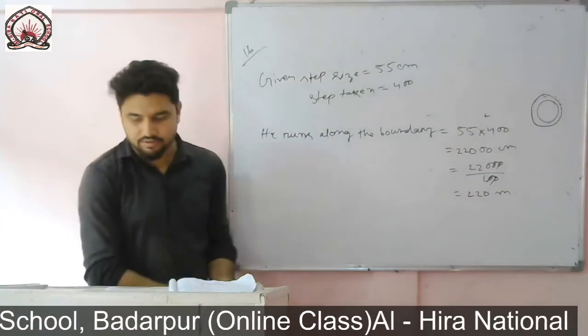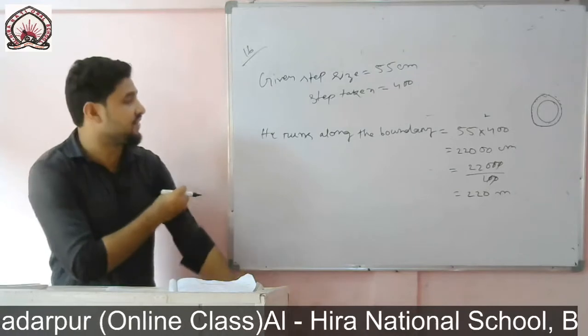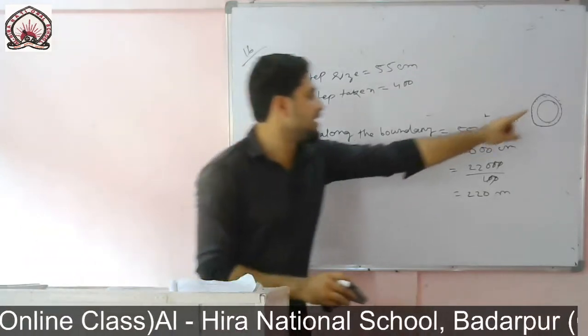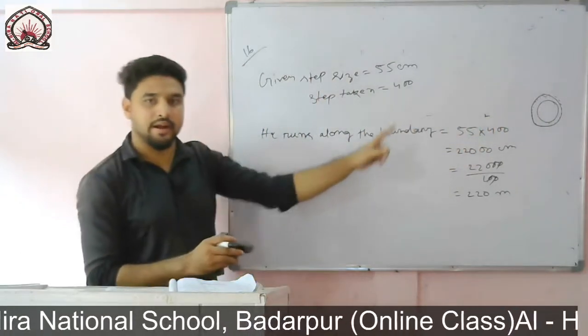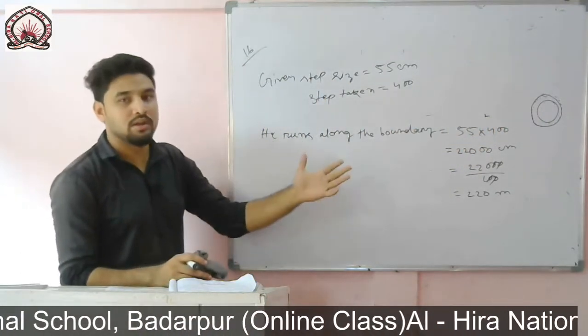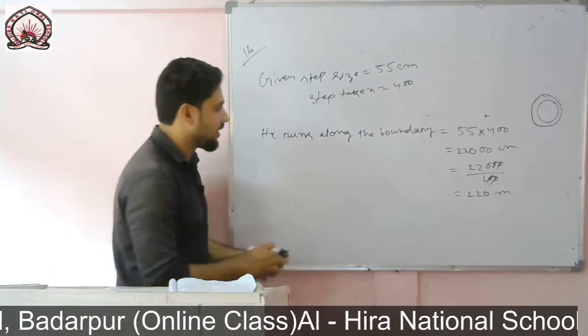Now this will be equal to the circumference of the pond. From the circumference we will find the radius, and after that we will multiply the radius by 2, then we will get the diameter.